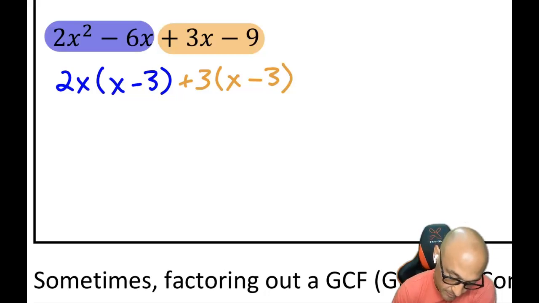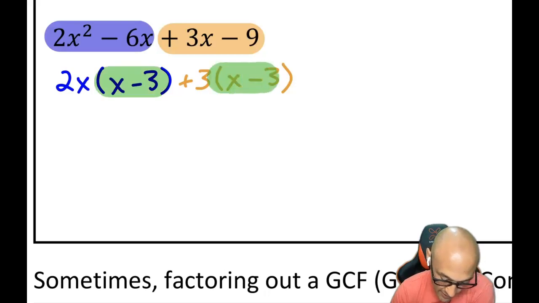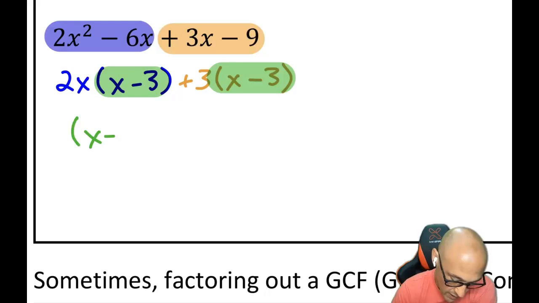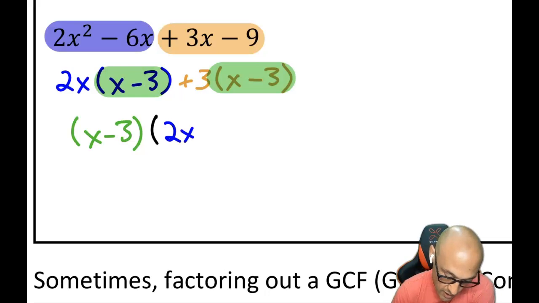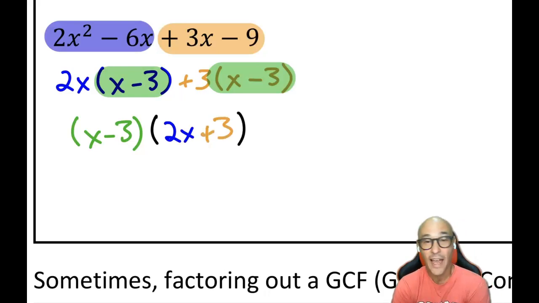So I'm going to use green here. So I'm going to now take this and that's going to be the quantity x minus 3. And then from the other part, we have the quantity 2x plus 3. So that is the way that we can factor there.